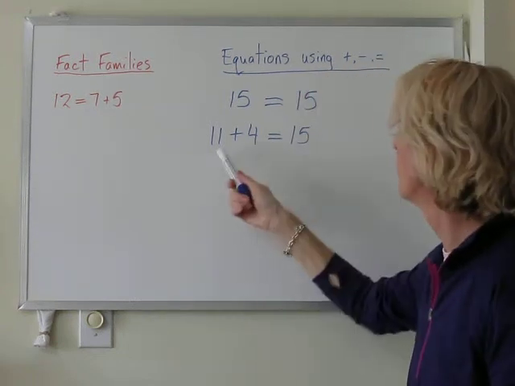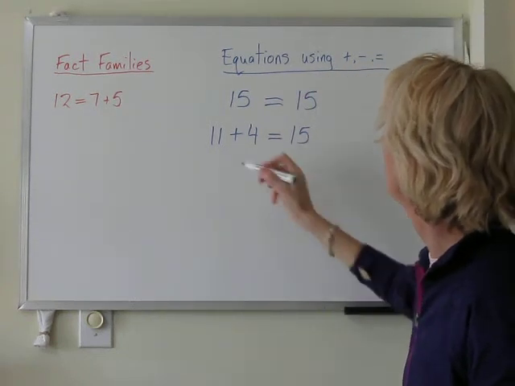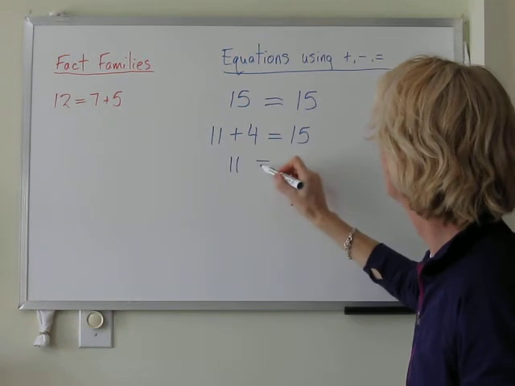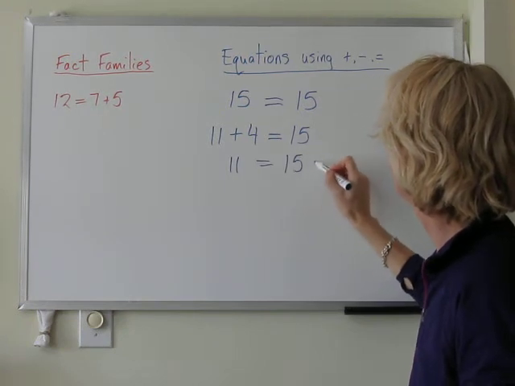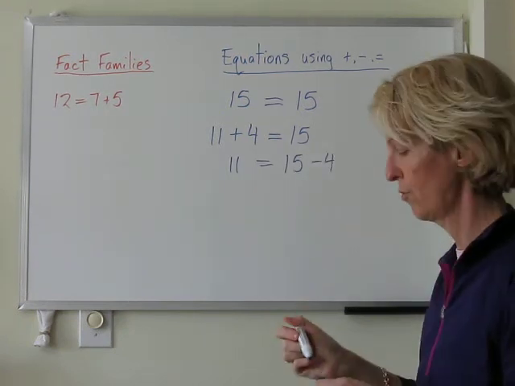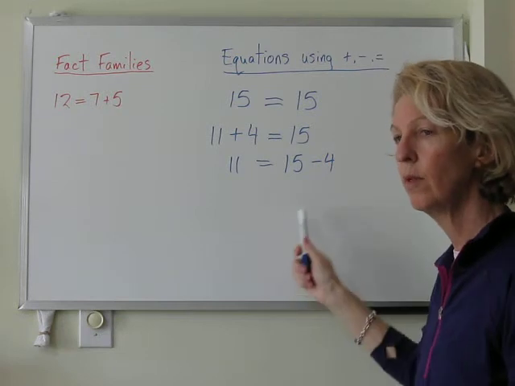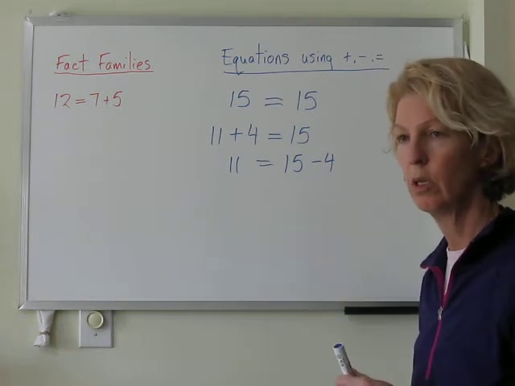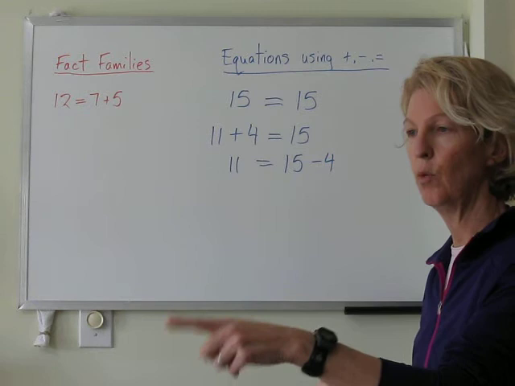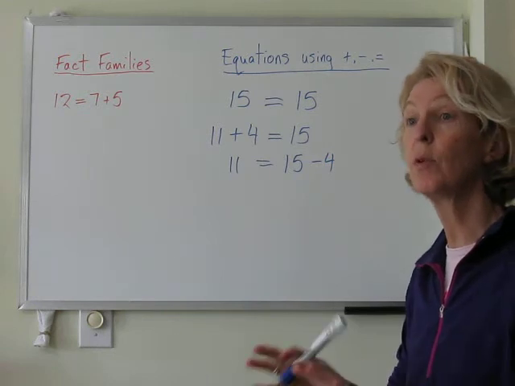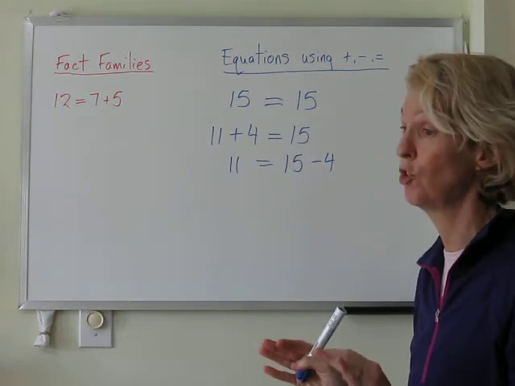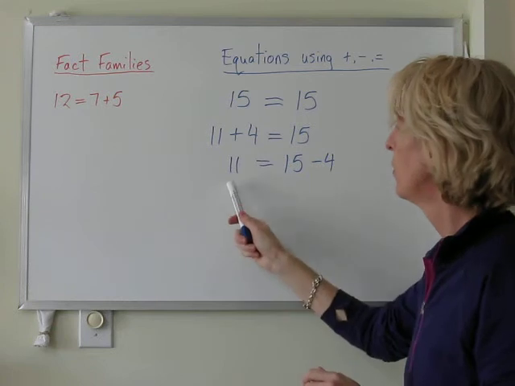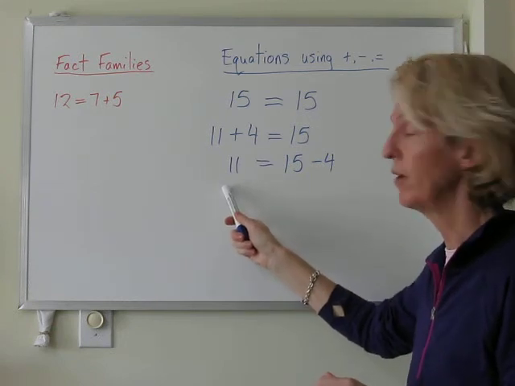Let's go back to this one. What if I write 11 equals 15 minus 4? Is this an equation? No. Yes. Okay, one said no and the other one said yes, so let's do our calculation because I'm not sure. This side we have 11.